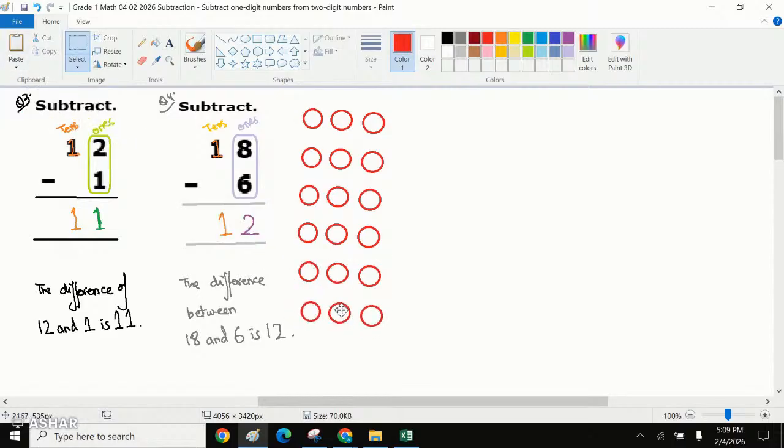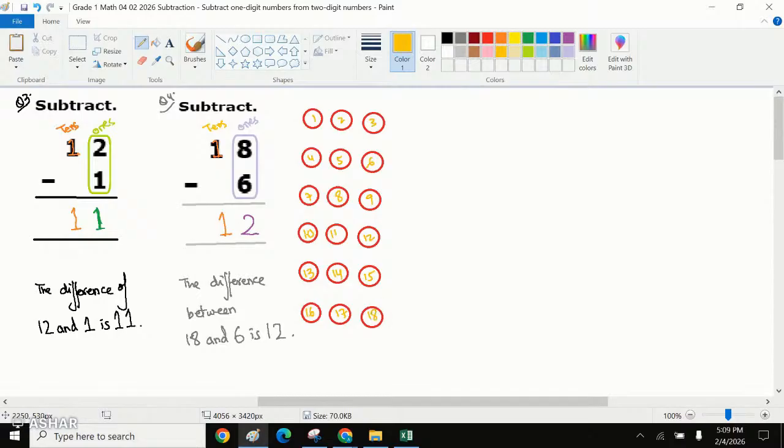Plus 3 is 18, right? Let's try to number them. Can we write 1, 2, 3, 4, 5, 6, just to prove, okay? 10, 11, 12, 13, 14, 15, 16, 17, and 18.